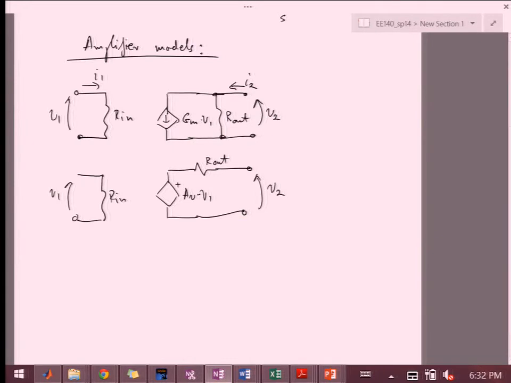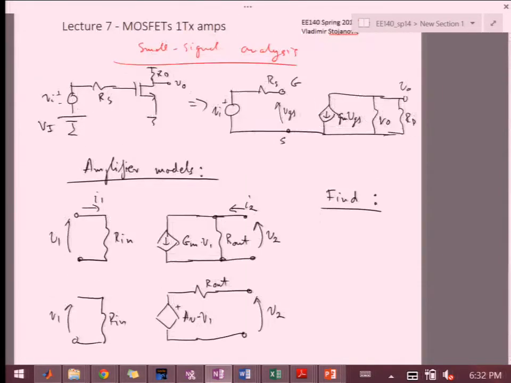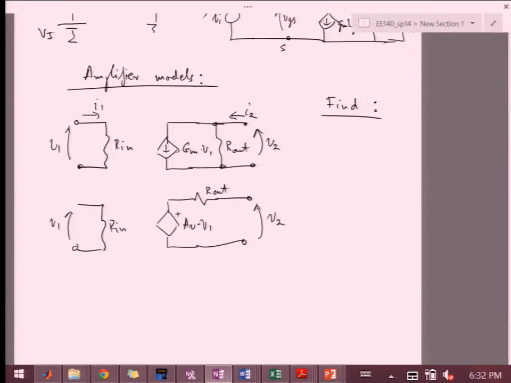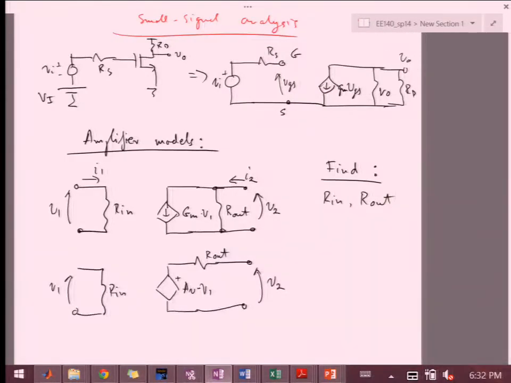So here, whenever I look at the real transistor stages, in order to map this to this abstracted amplifier configuration, I need to find things like Rin, Rout, these capital things, as functions of transistor small signal parameters and any biasing network around.